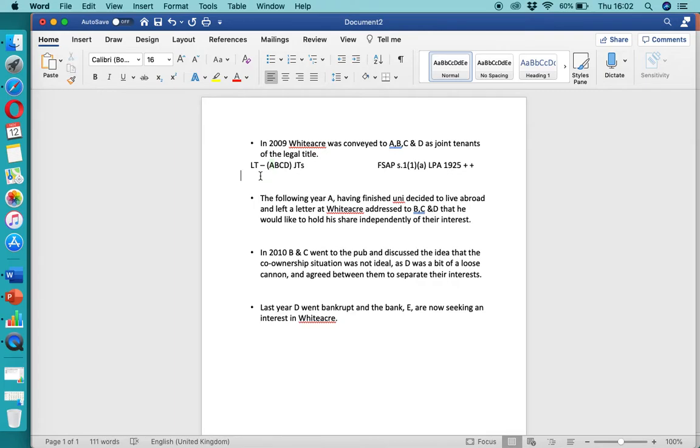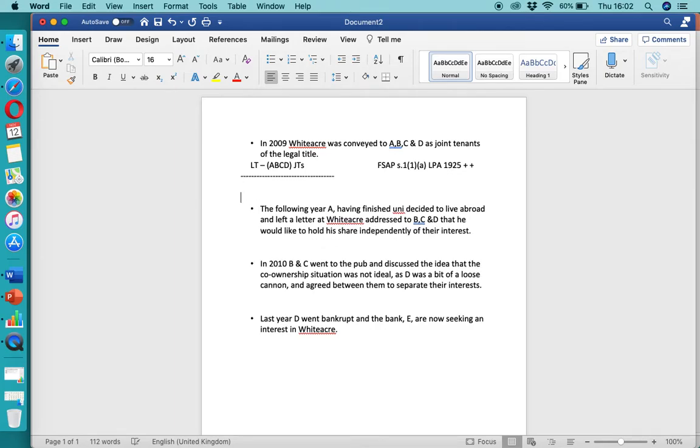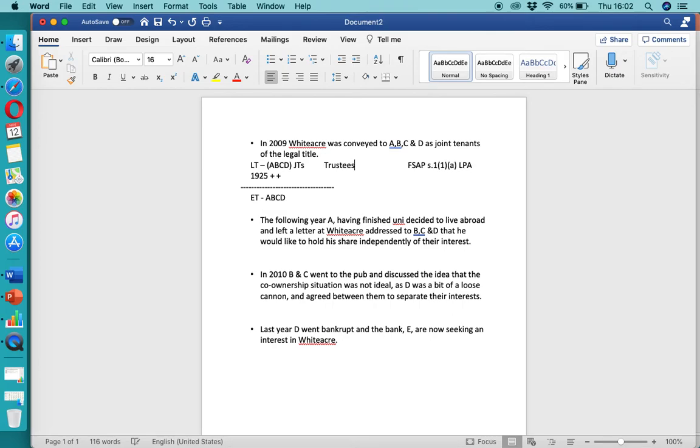That means that we end up with a wibbly line below the legal title, and not only will we be dealing with this in the eyes of the law, but we are going to be dealing with it in the eyes of equity too, which means that we have now got an equitable title. As an equitable title, we would have A, B, C and D also down as beneficiaries. So we have A, B, C and D up here as trustees, and we have A, B, C and D appearing down here as beneficiaries.